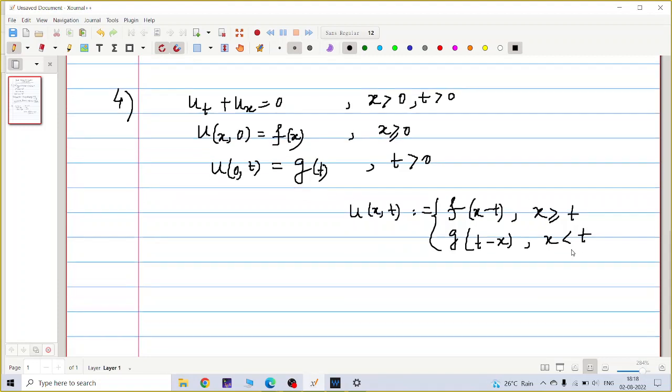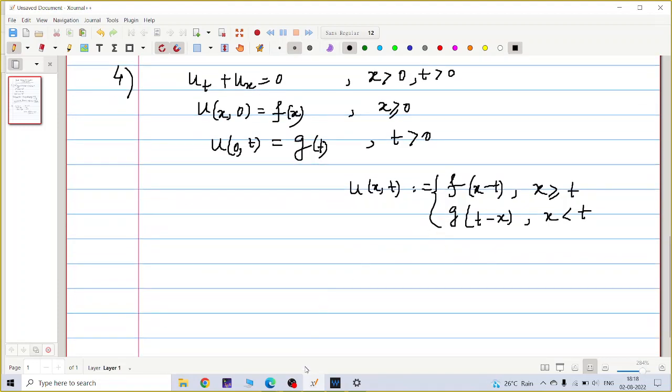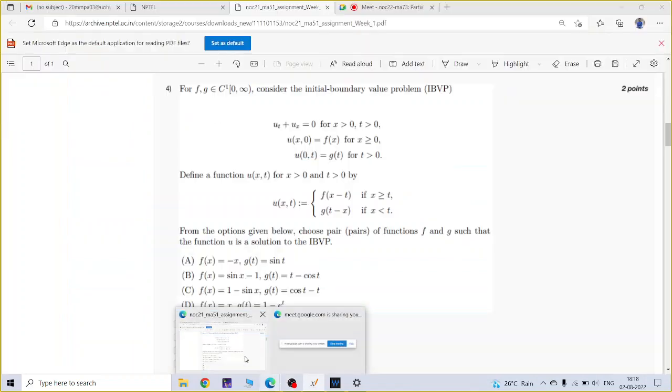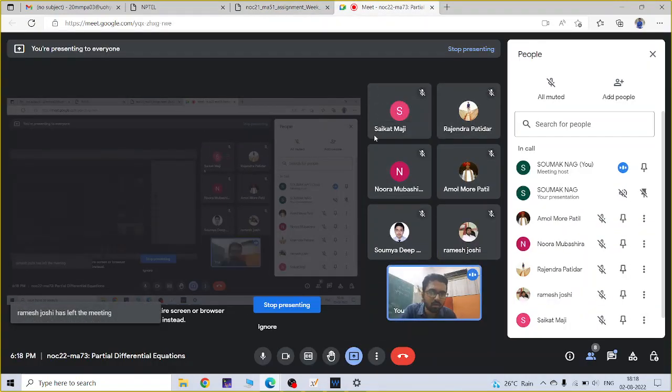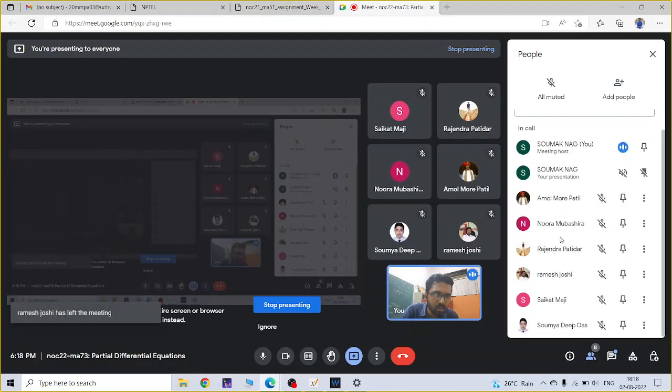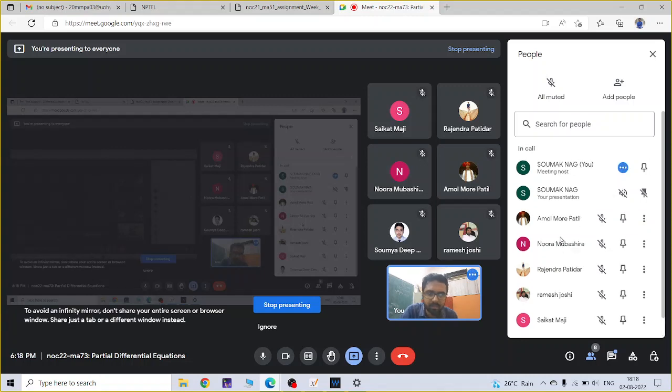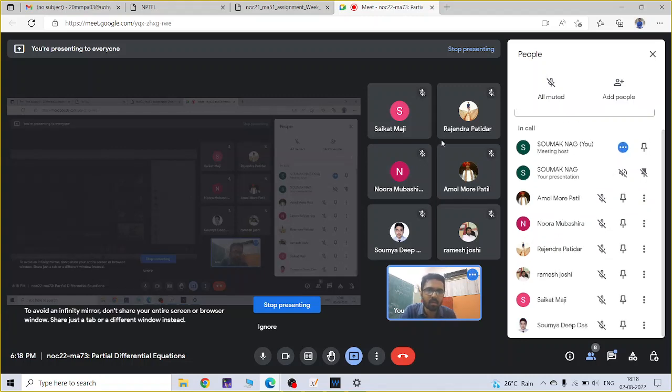So, I want to ask how to solve this equation. Anyone respond? Anyone? Amol, Rajendra, Ramesh, Somodeep. You know Lagrange multiplier or something to find the solution? Please respond. Mr. Ramesh Joshi or Noora.